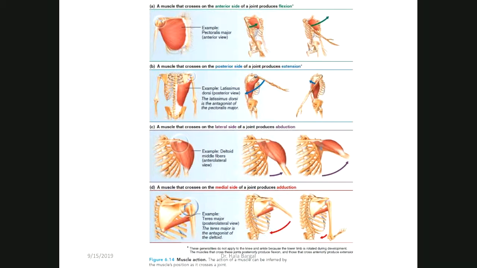But actually the deltoid muscle has three groups of fibers: anterior, middle, and posterior fibers. Each group of fibers has its own action. A muscle that crosses on the medial side of the joint produces adduction.